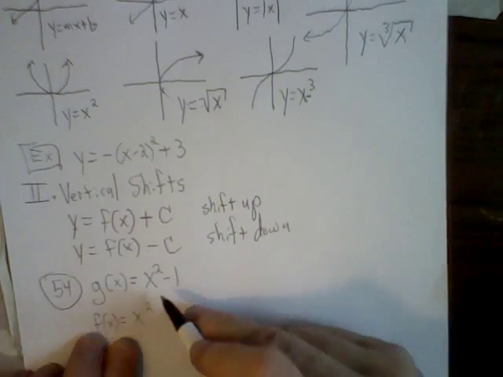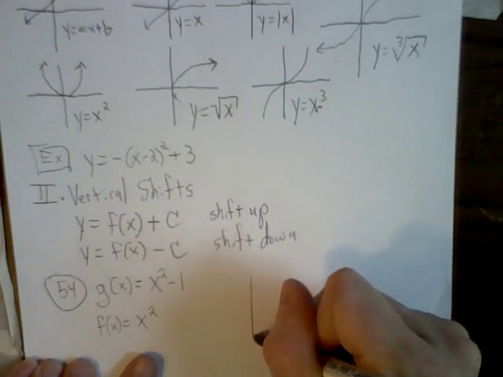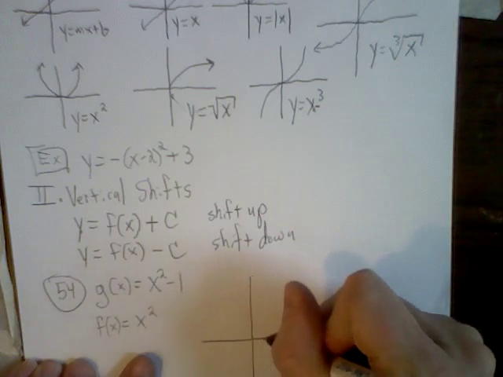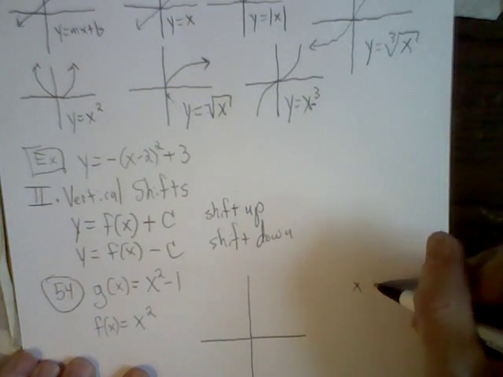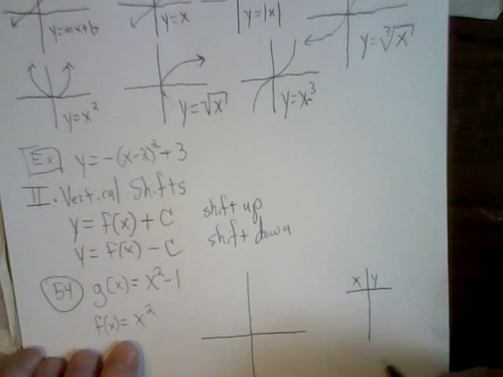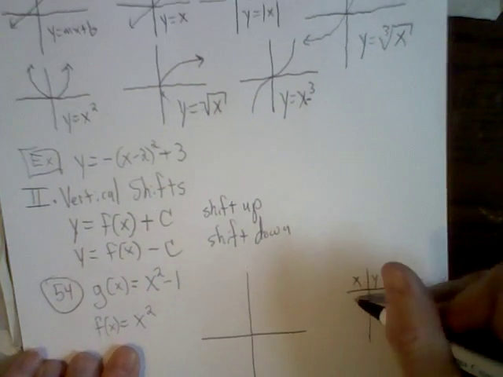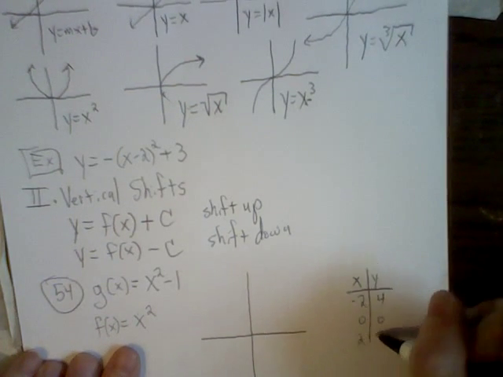Okay. So f of x equals x squared is one of our fundamental graphs. We should have no problem graphing that. If you need to get a couple points, you can do a t-table for just f of x. For g of x, you need to do translations. Okay. So maybe negative 2 is 4, 0 is 0, 2 is 4.